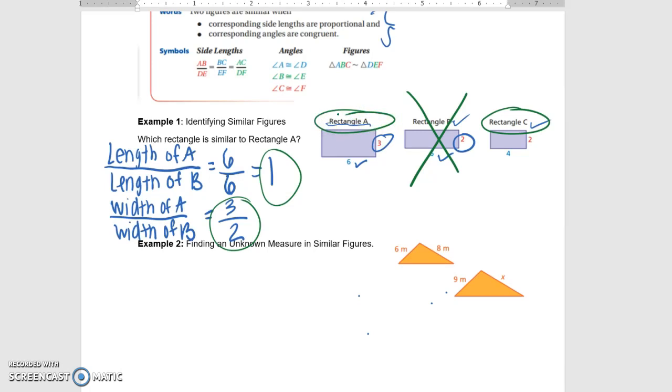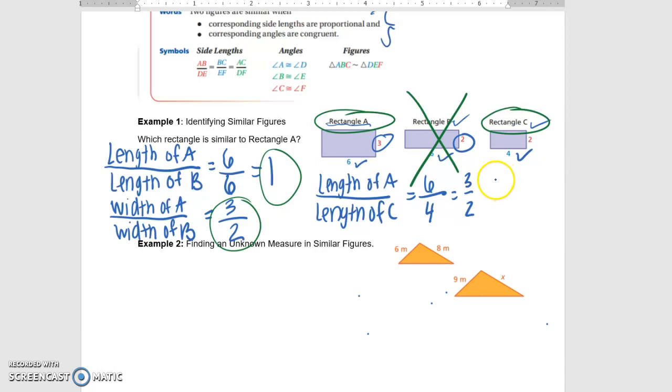So if I'm going to now compare the length of A to the length of C, we already said the length of A was 6, the length of C is 4, we can reduce that to 3 over 2, and then we're going to compare the width of A to the width of C. So the width of A, we already said was 3.